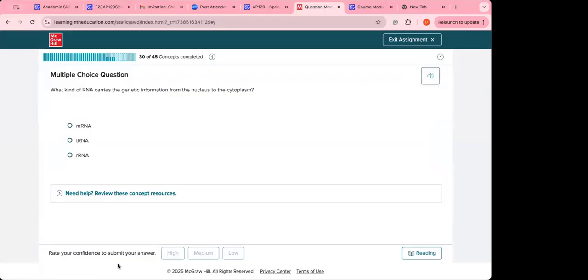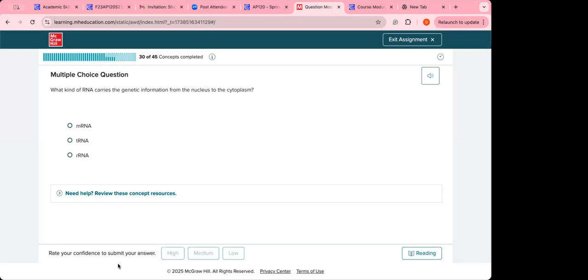What kind of RNA carries the genetic information from the nucleus to the cytoplasm? Okay, let's look at it, because we actually have three. There's ribosomal RNA, there's transfer RNA, and there's messenger RNA.